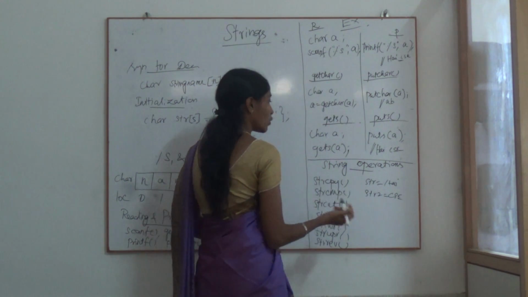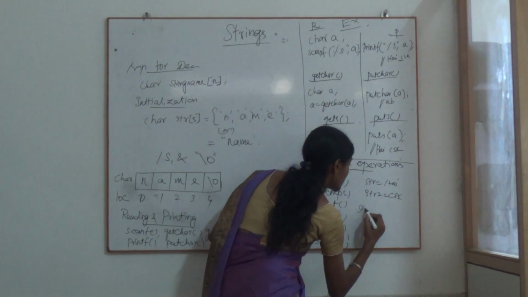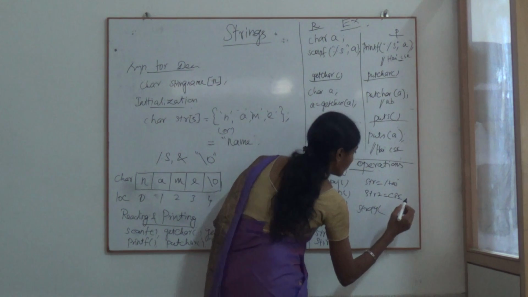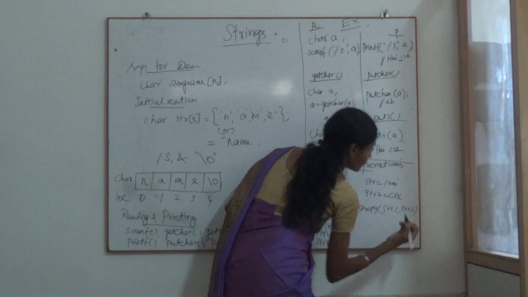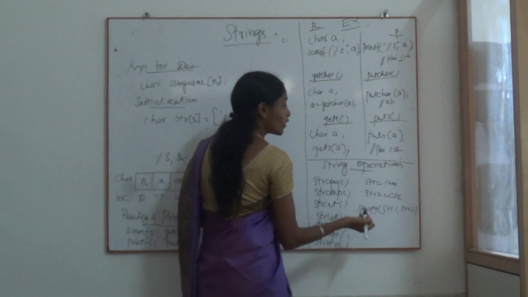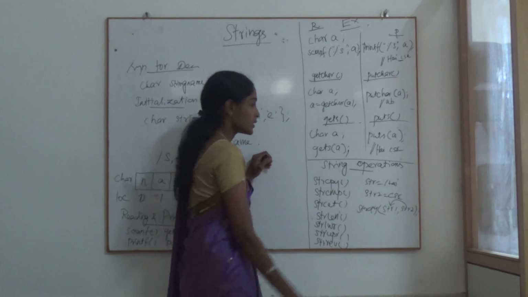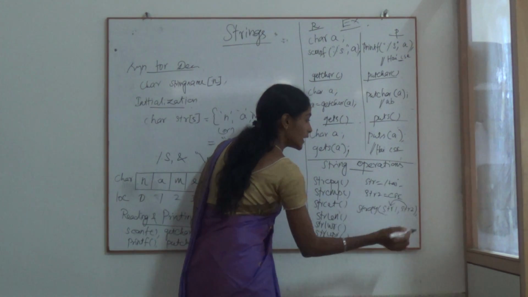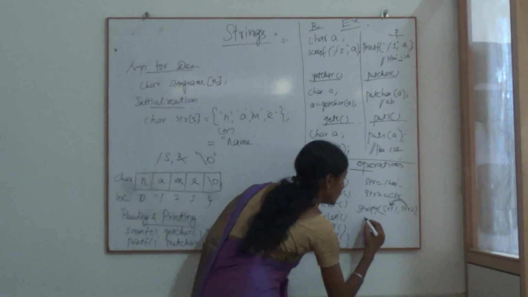The syntax for string copy is strcpy(str1, str2), and string 2 is copied to string 1. String 1 is hi and string 2 is CSE, then string 2 is copied to string 1.